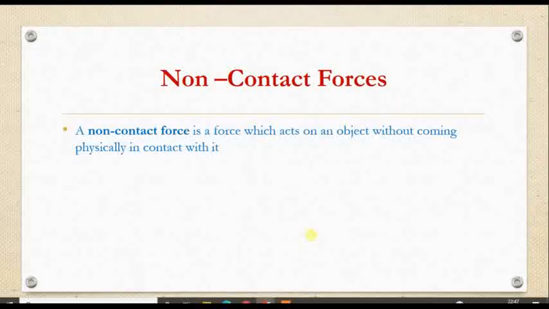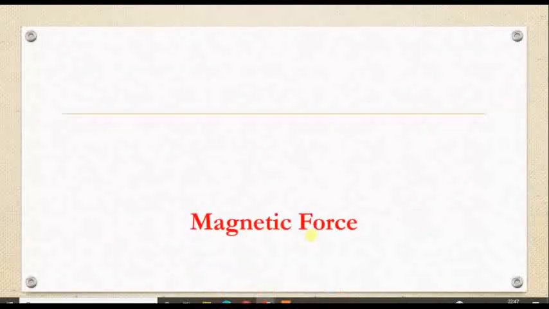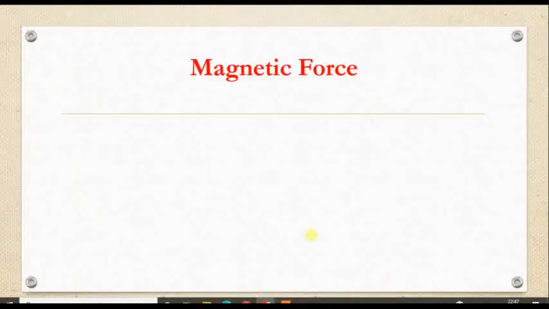That means they won't touch at all, but still the force is exerted on the other object. Right? Non-contact forces are again classified into three: magnetic force, gravitational force, and electrostatic force. We will discuss these forces one by one. First we will discuss magnetic force.